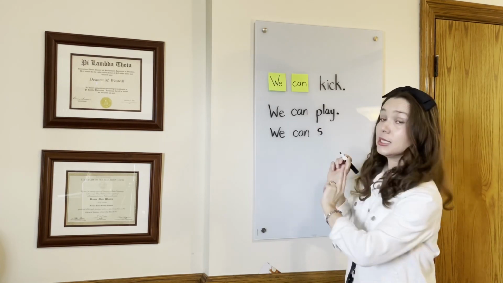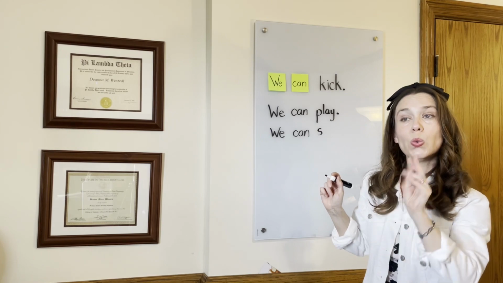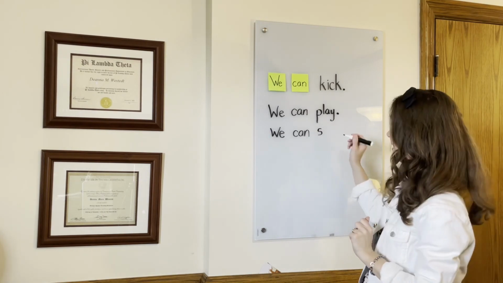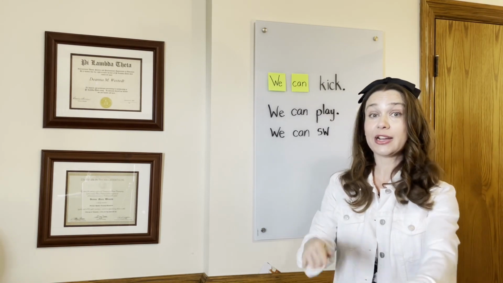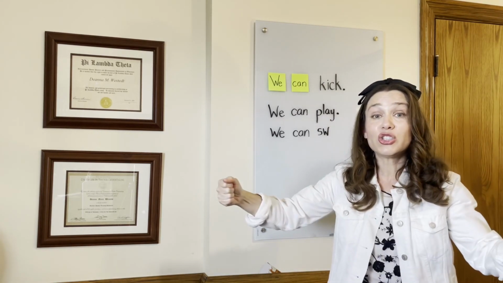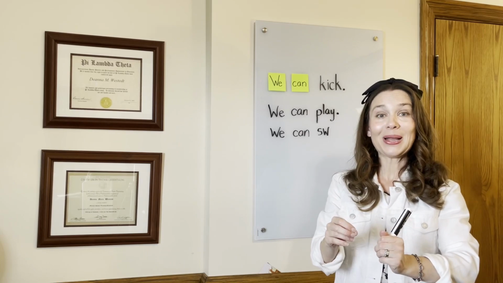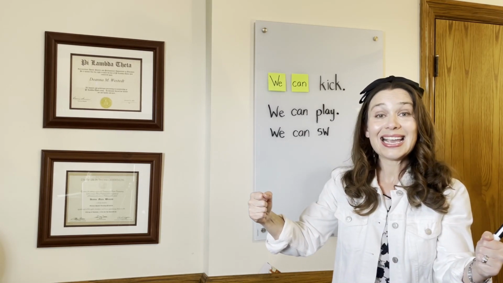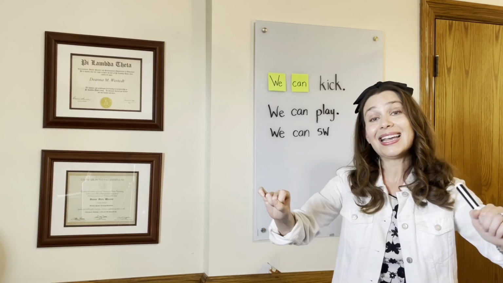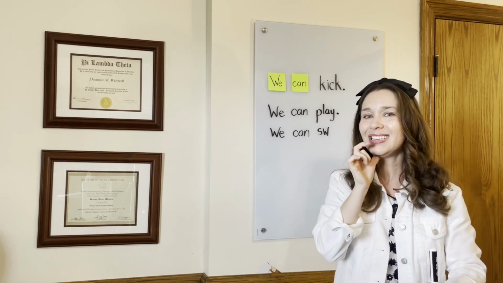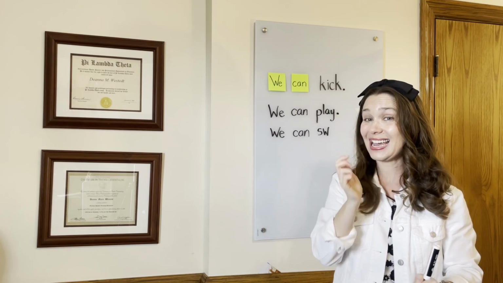And I need to put my two finger spaces, and I'm going to write my S. S, s, s. Sw, w, w, w. Ooh, my W says w, w. Now, in order to hear the middle sound, we're going to stretch and sing. Here we go. Swim. Now sing it. Swim. Do you hear the I?